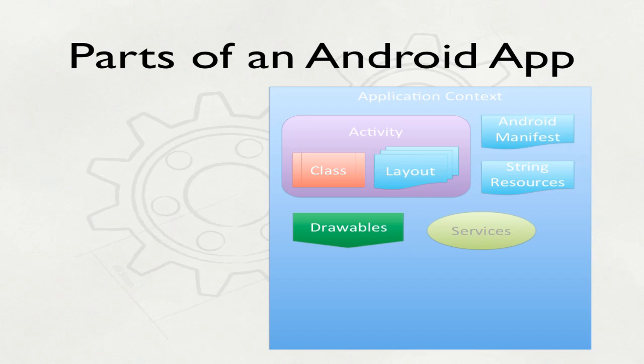And that activity, based on memory requirements, may be removed from memory. But the service itself and the application context can continue to run in the background and work. And then when something happens that you need user interaction, the activity will pop back up again. We're not going to go into services today, but they're important. I wanted to make sure you're aware of them.